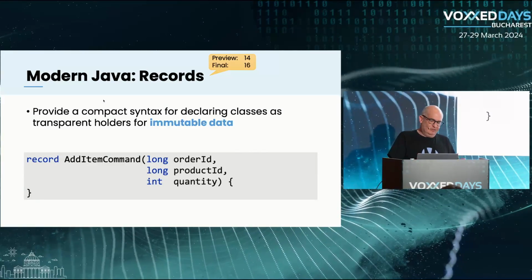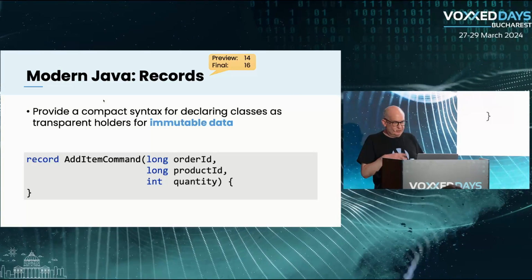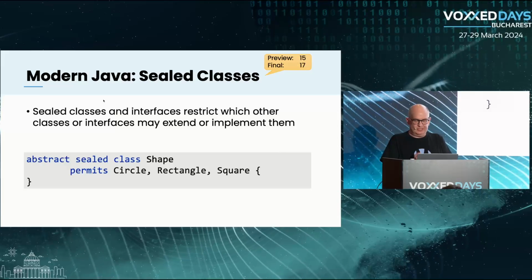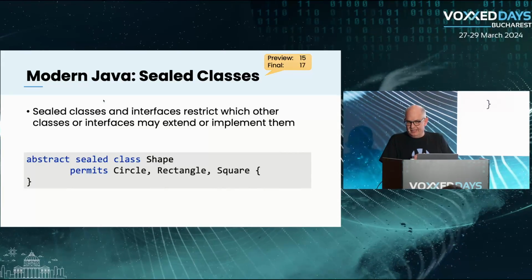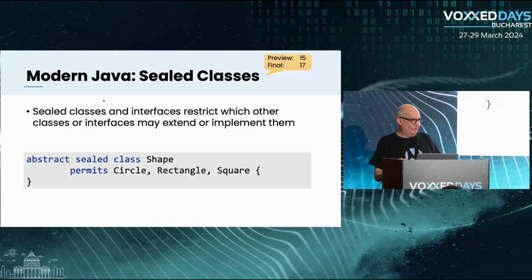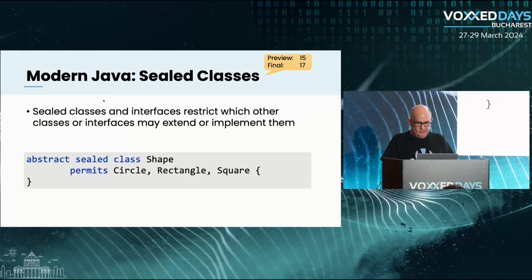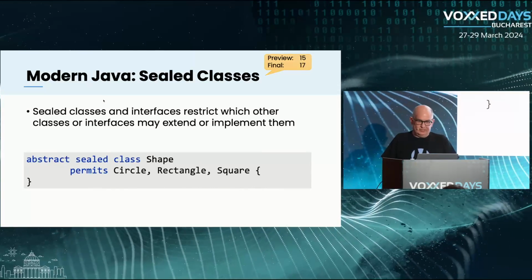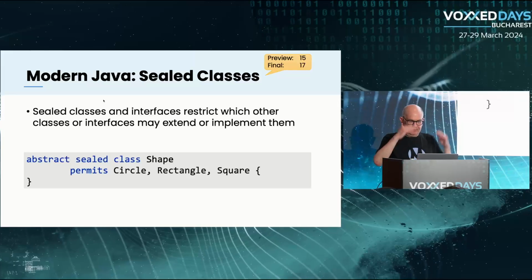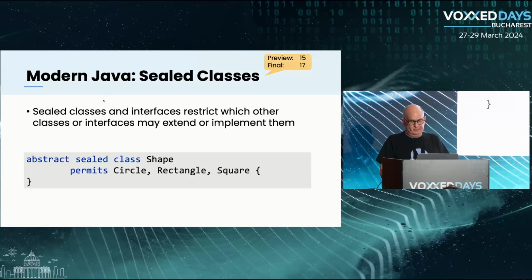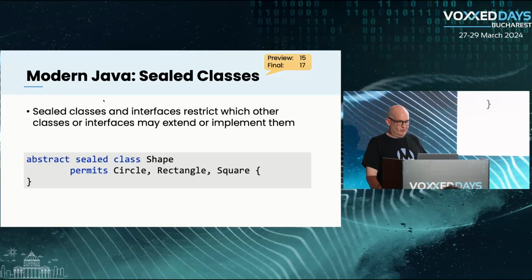And then I was thinking about how I can structure my records, and I ended up with another Java feature, it's called sealed classes. I had a very hard time finding a use case for sealed classes in the past. I have one now because I'm doing UI development with Vaadin, so I do Java development in web UIs, and there you have a lot of hierarchy, and then maybe sealed classes work very well.